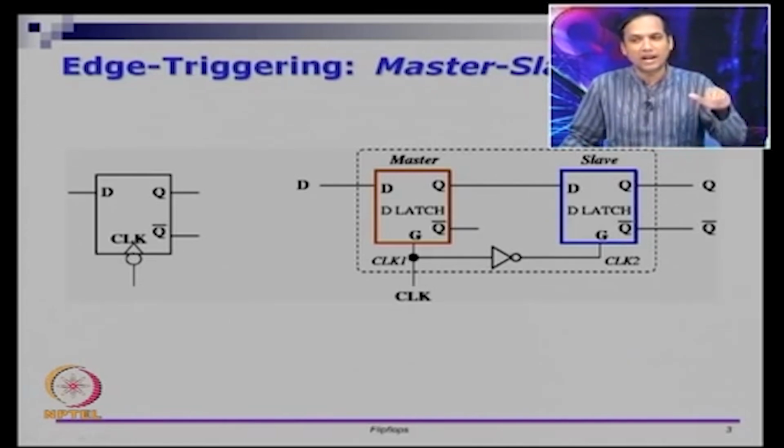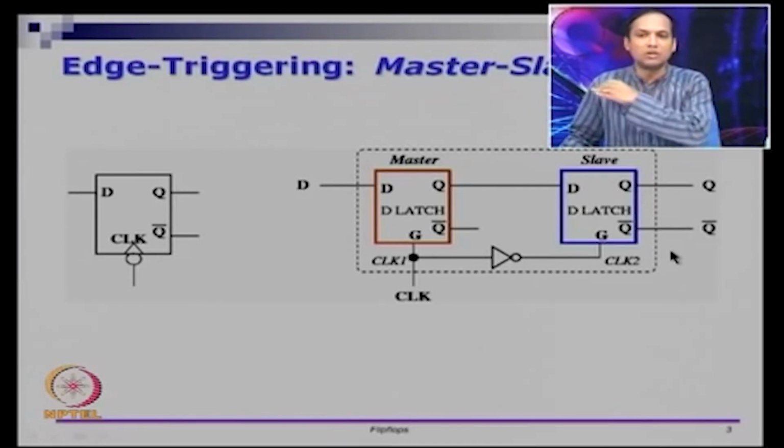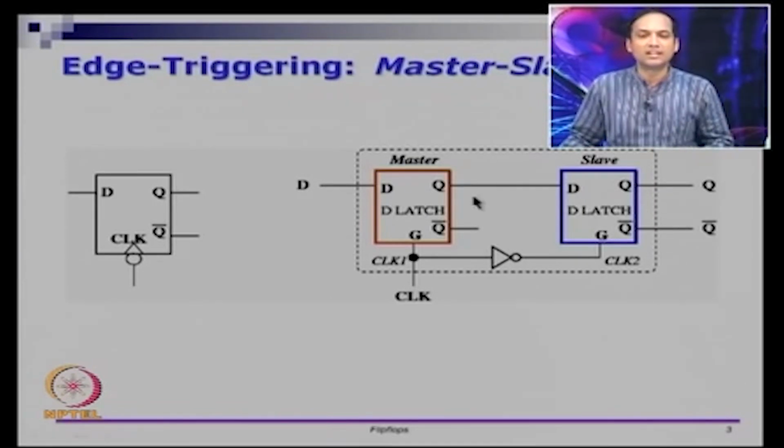It is not that at a particular level of the clock D gets copied to Q. Once you connect it like this, with respect to this CLK, D cannot be asynchronously copied to Q, which means the change in D can reflect as change in Q only at very specific time intervals, not any time that D desires to. There is also this bubble here, we will come to that in a little while.